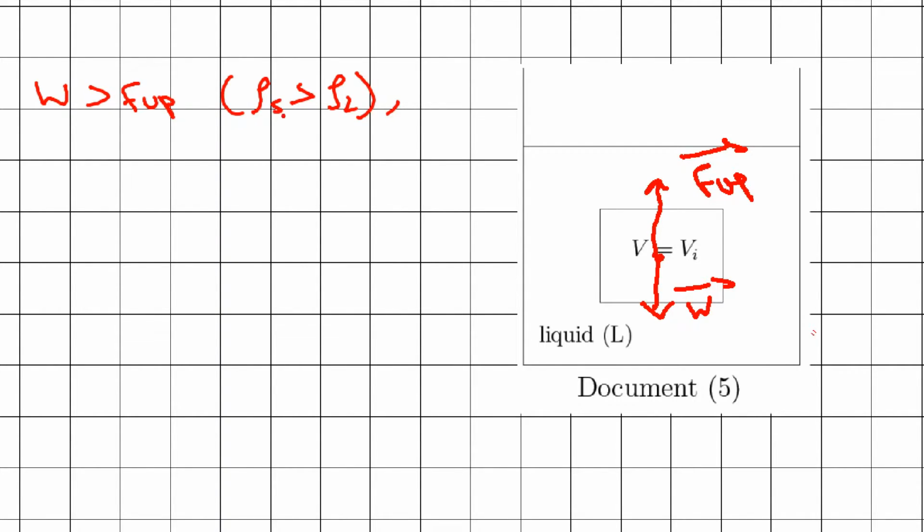Knowing that the density of the solid is greater than the density of the liquid, the solid S will sink to the bottom of the container. But we are interested in describing this motion at the level of the forces and not at the level of the densities. Because W is acting in the same direction of motion, which is downward, we can say that the weight in this case is greater than F upthrust, okay?